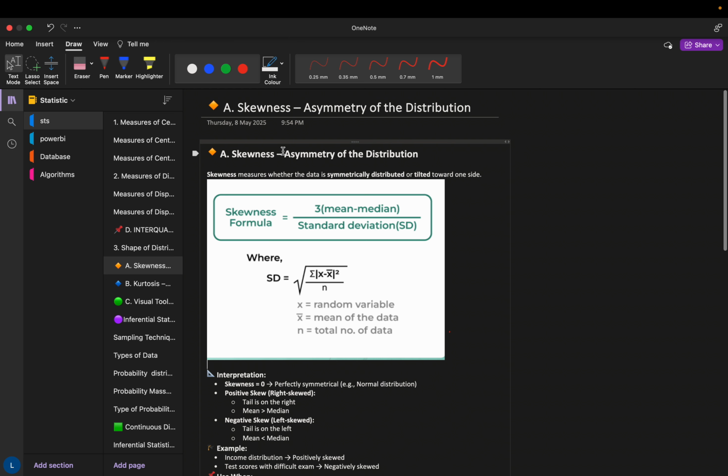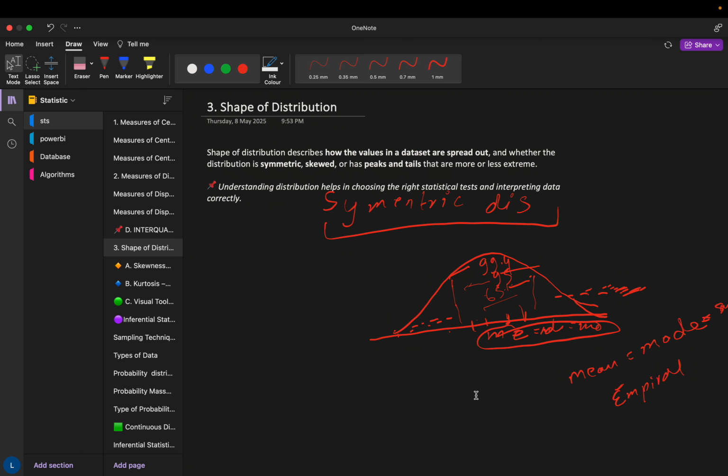Previously we said that this symmetric distribution is also known as the normal distribution, meaning the normal distribution is symmetric.